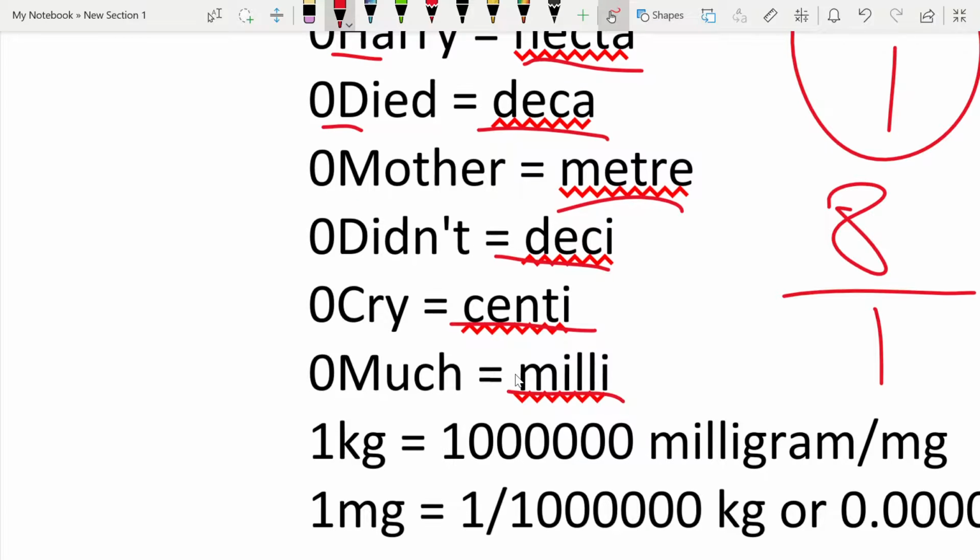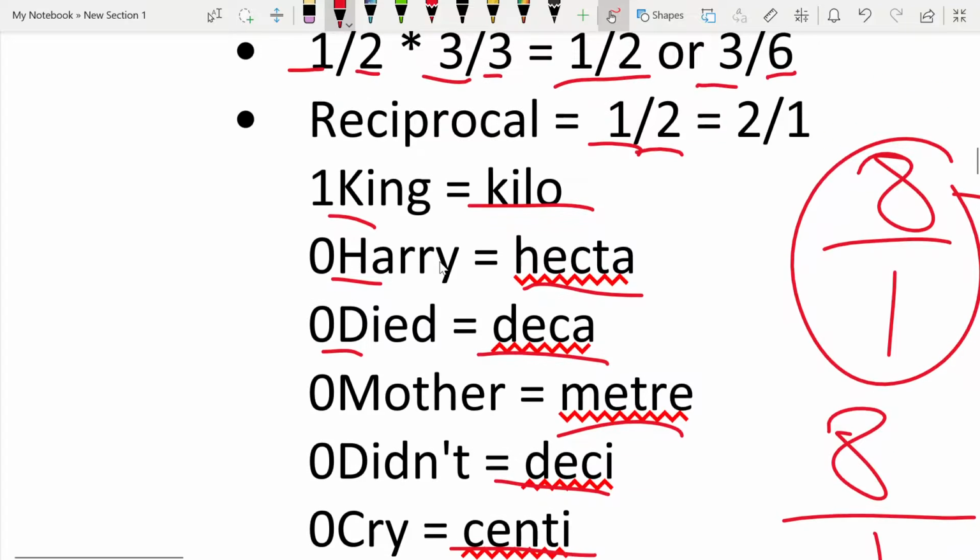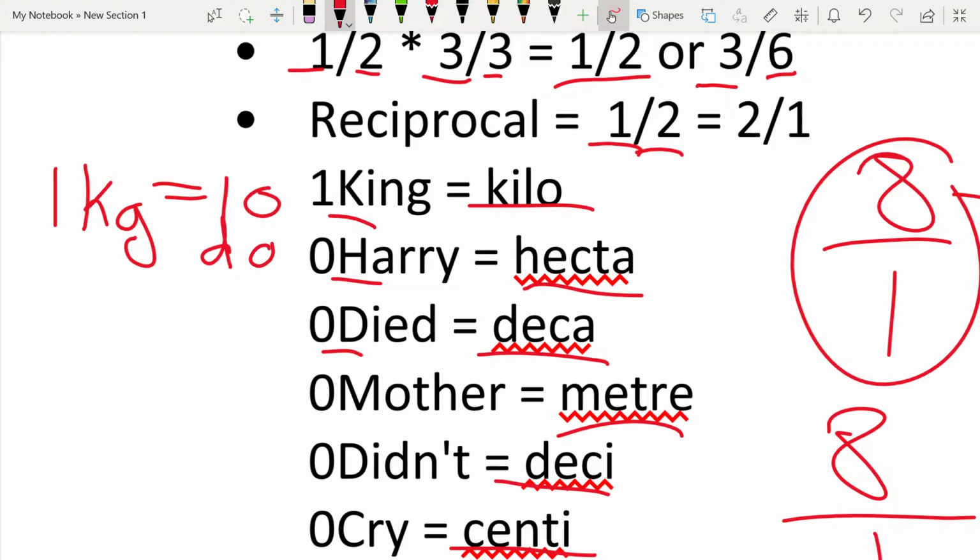And now, how can we use this? Every time it gets lower, it gets divided by 10. So meaning 1 kilo is equal to 10 hecto, so 1 kg is equal to 10 decagram, right?